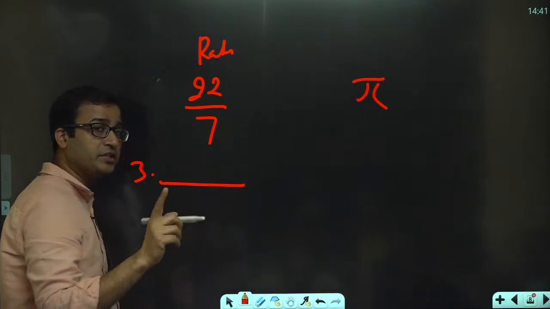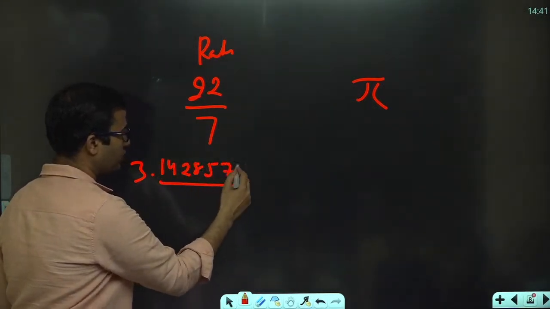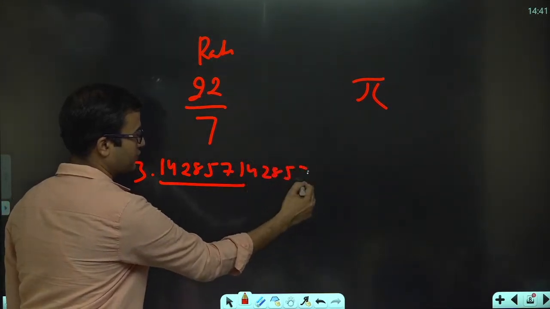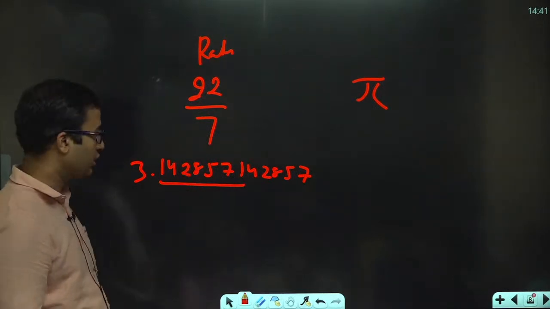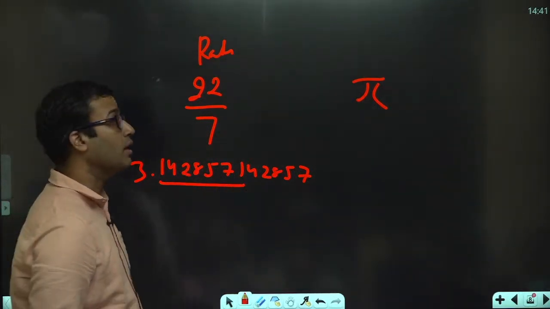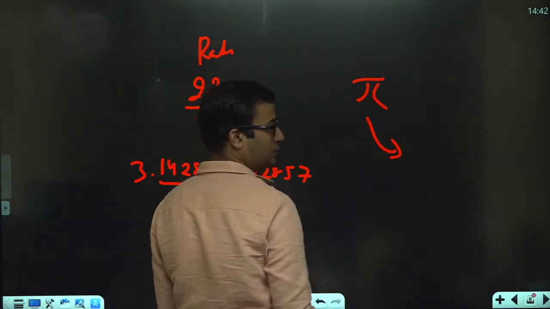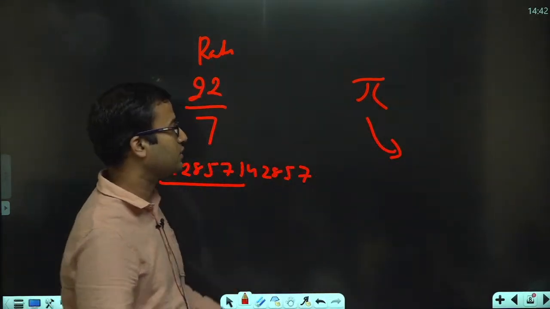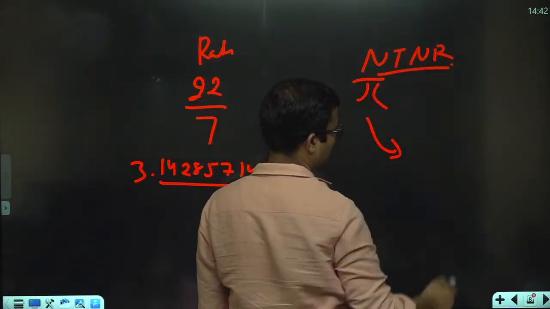It will be a repetition after, I think it will be 142857, 142857. You can check. There will be a repetition after 6 digits. But this pi here, it will not repeat. Because it is an irrational number, neither will it terminate nor repeat.